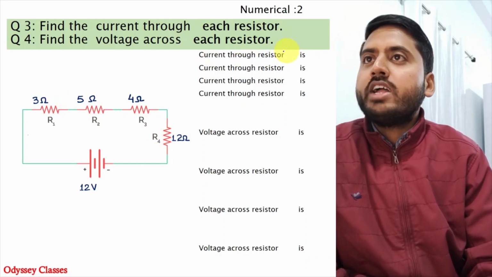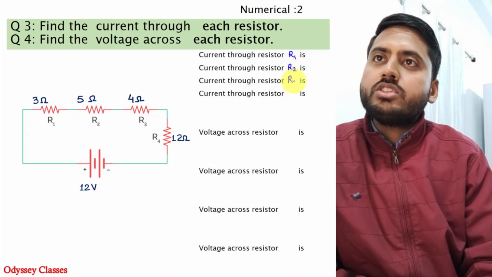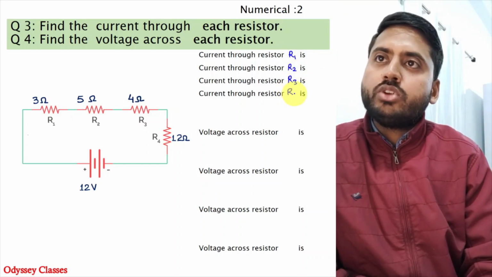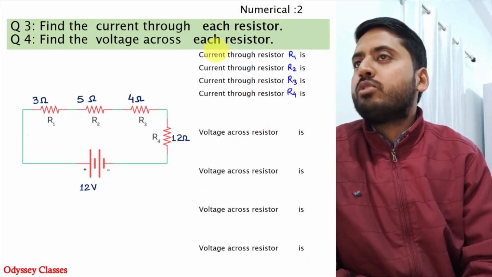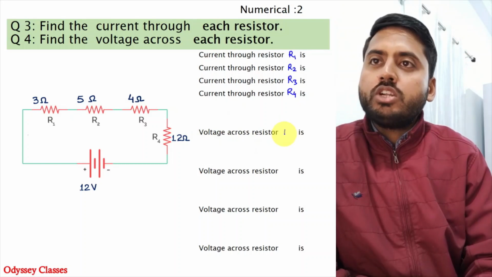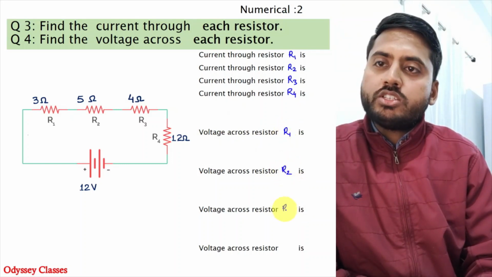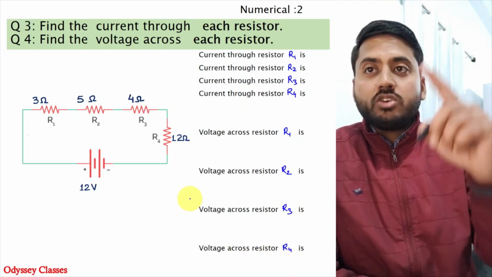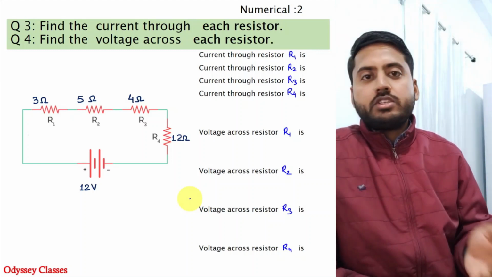So we have to find current through resistor R1, current through resistor R2, current through resistor R3, and current through resistor R4. Similarly, in question number 4, we have to find voltage across R1, voltage across R2, voltage across R3, and voltage across R4.